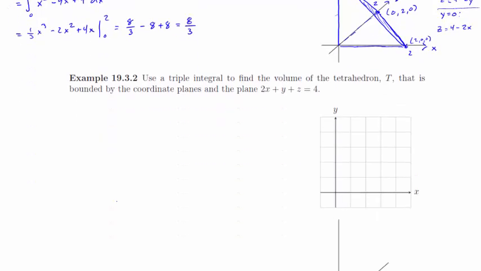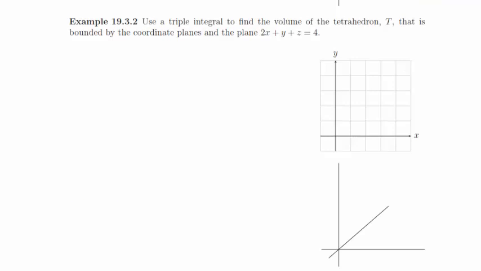All right. Example 19.3.2. Use a triple integral to find the volume of the tetrahedron T that is bounded by the coordinate planes and the plane 2x plus y plus z equals 4. So I'm going to go through and look at if z equals 0, then we get 2x plus y equals 4, or y equals negative 2x plus 4.